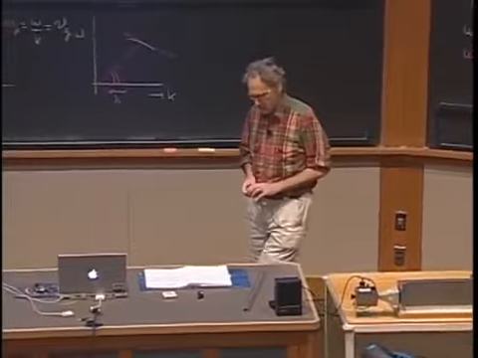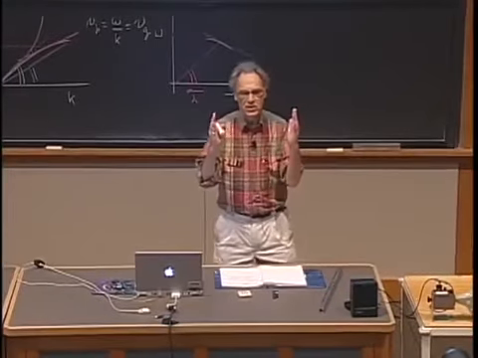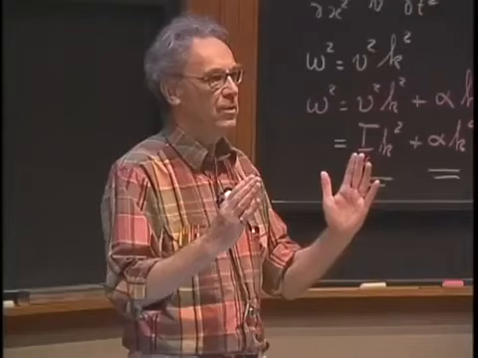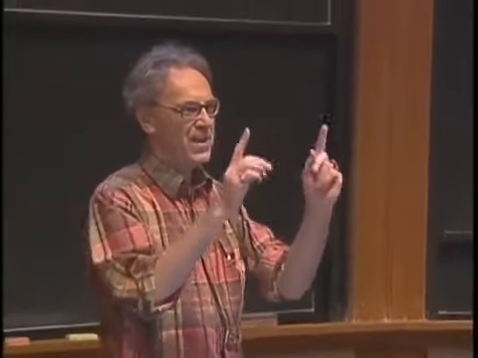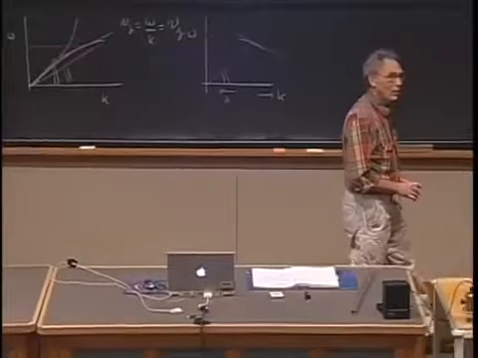That will make any sharp features in a pulse disappear. If you have a rectangular pulse, the sharp features require high frequencies, and there will be a large difference between the phase velocity of the high frequencies and the low frequencies. So you are going to see your sharp pulse fall apart.